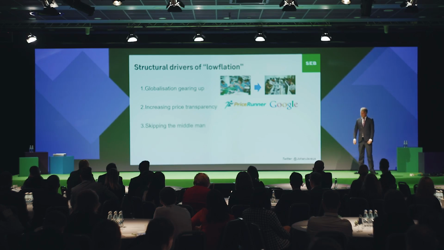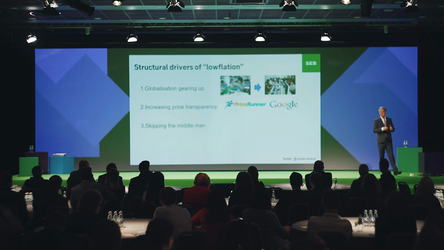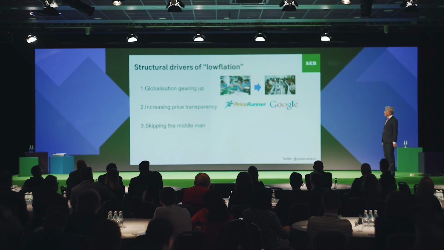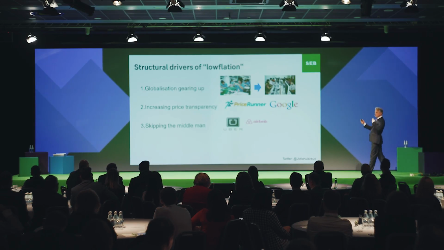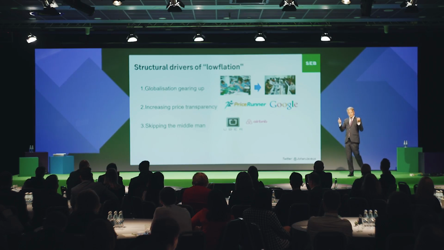Then we have middlemen. That's a dying breed, I would say, because all this new technology is connecting the producer directly with the consumer, and all the cost links that usually were in between are getting eaten away, little by little, sector by sector, also creating a possibility to keep prices quite low.